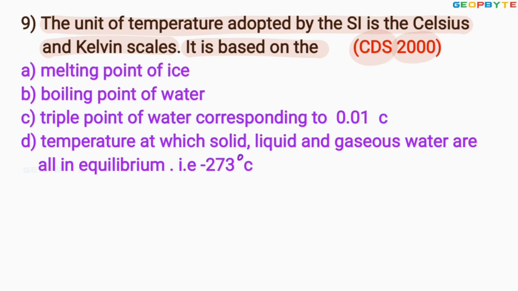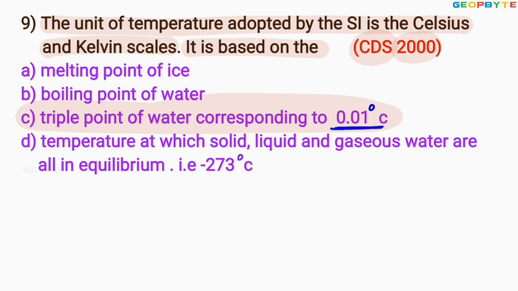Dear friends, remember, in modern days thermometers are constructed based on the triple point temperature of water. That triple point temperature of water is 0.01 degree centigrade. Therefore, option C is absolutely correct. Once again, these days thermometers are constructed based on the triple point of water, which is 0.01 degree centigrade.